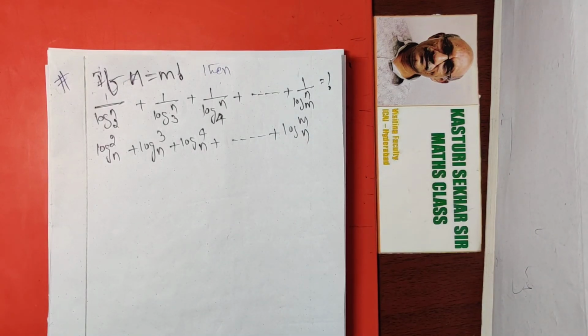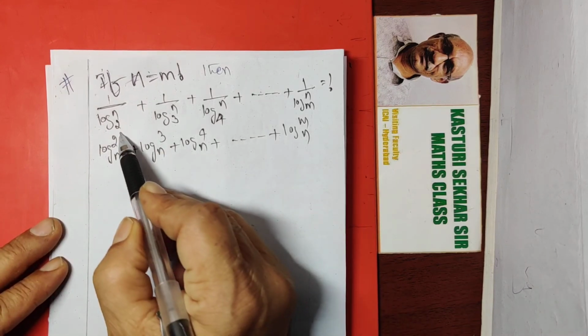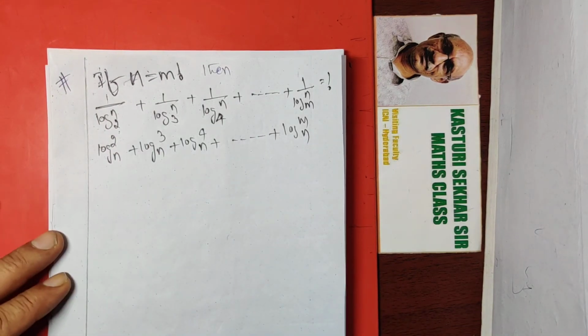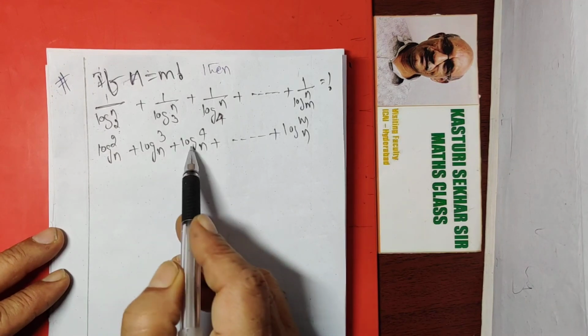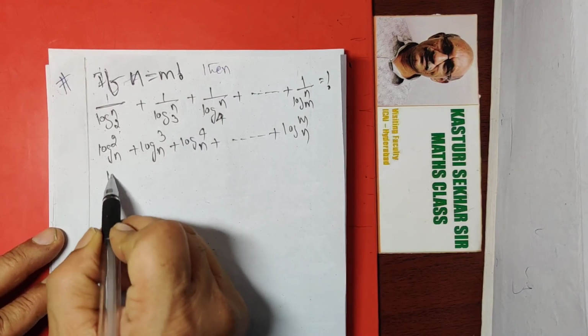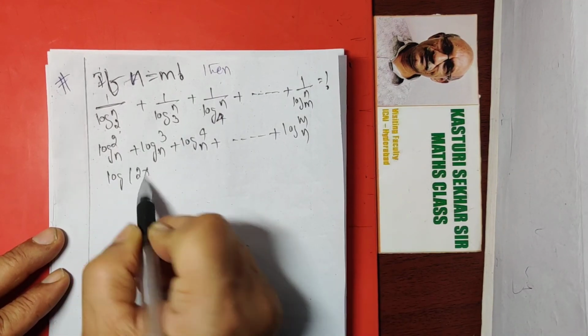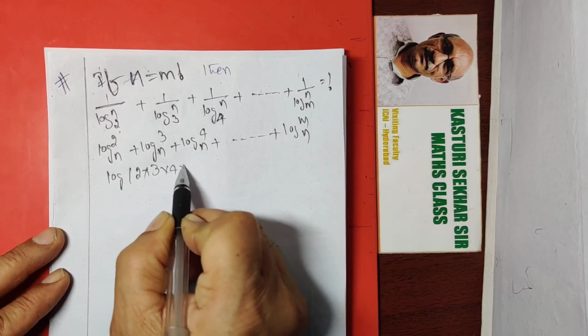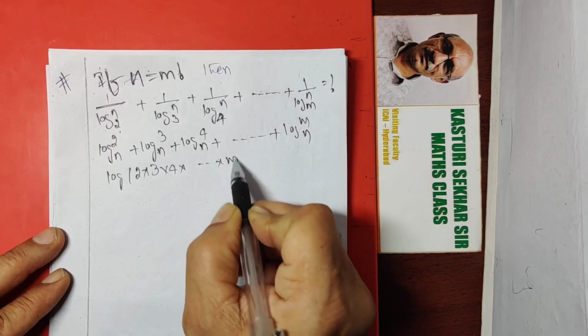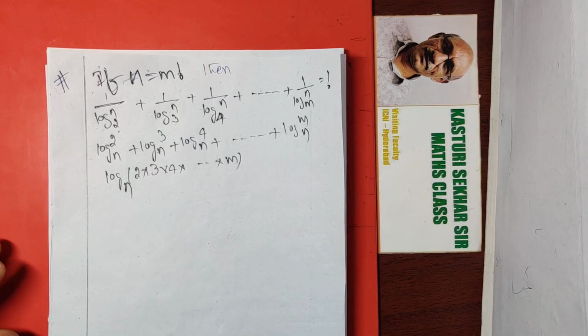Whenever I take the log term to the numerator, the base will become the number and the number will become the base. Log a plus log b plus log c can be written as log 2 into 3 into 4 into etc. into m to the base n.